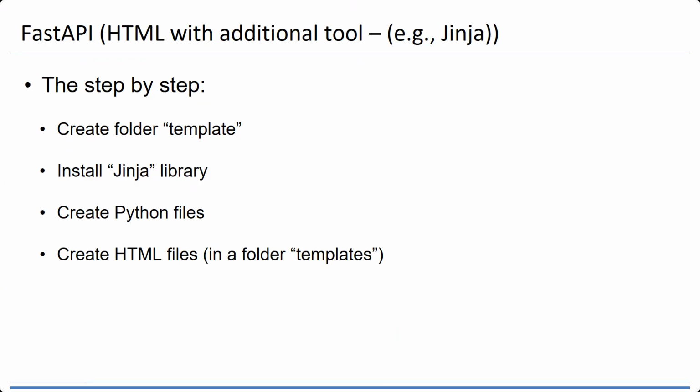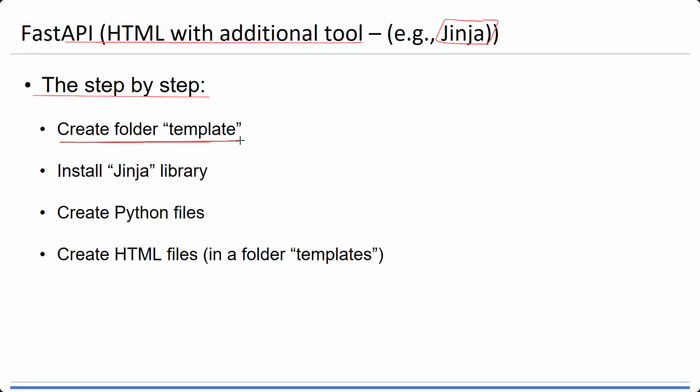So we need some additional tool. For FastAPI, we need to have HTML with an additional tool. And in this study, I would like to use Jinja. Jinja is one of the libraries that you can use to connect to the HTML. And the step by step is, first you need to create a folder templates.